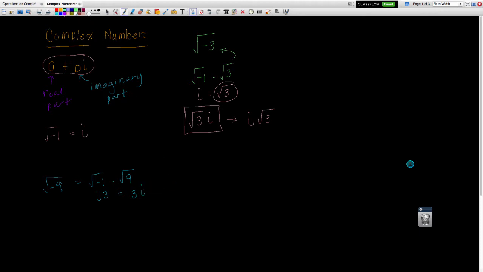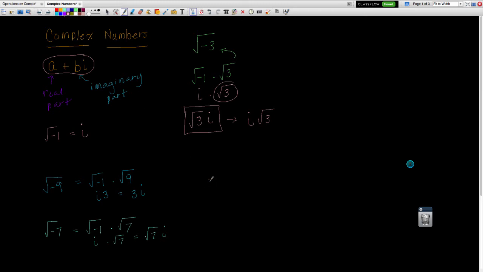Let's do another one. The square root of -7. That would be the square root of -1 times the square root of 7. This is i times the square root of 7. So your final answer would be the square root of 7 times i.